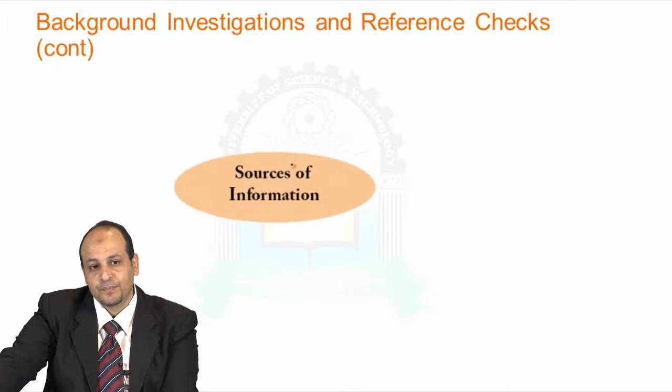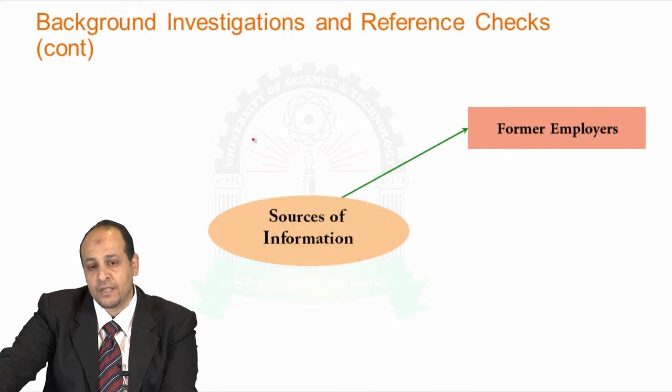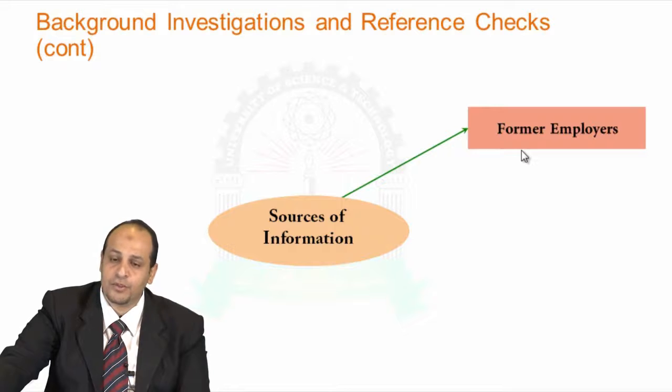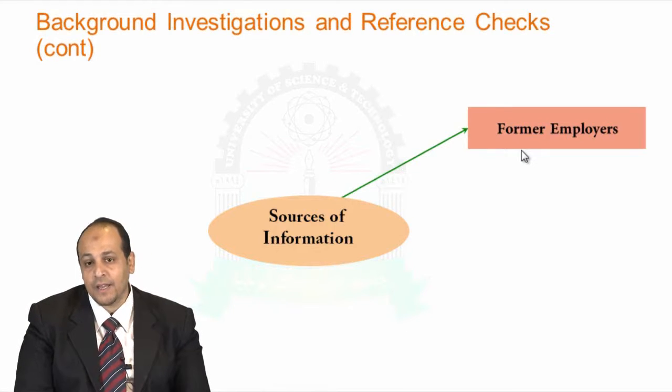Now here, as for sources of information when we talk about background investigation, we have former employers. This is a very common source of information. Sometimes in an interview, they may ask a question about past experiences regarding different jobs the candidates have already worked in.